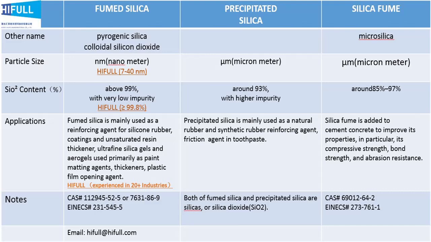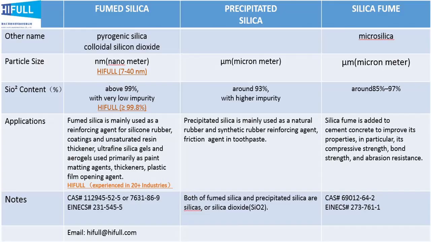This process results in ultrafine, high purity particles with a large surface area, low bulk density, and superior thixotropic behavior. Fumed silica is widely used as a thickening, anti-settling, and reinforcing agent in adhesives, coatings, and composites.